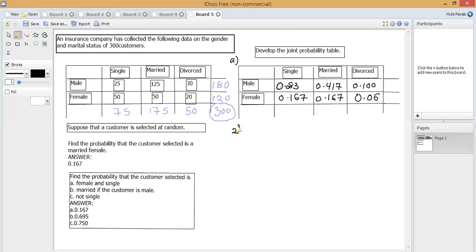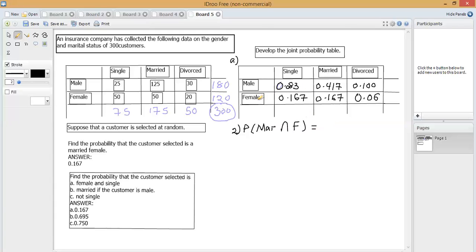Find the probability that the customer selected is a married female. This is not a conditional, just straightforward, married female. So probability of married, MAR for married, intersection female.